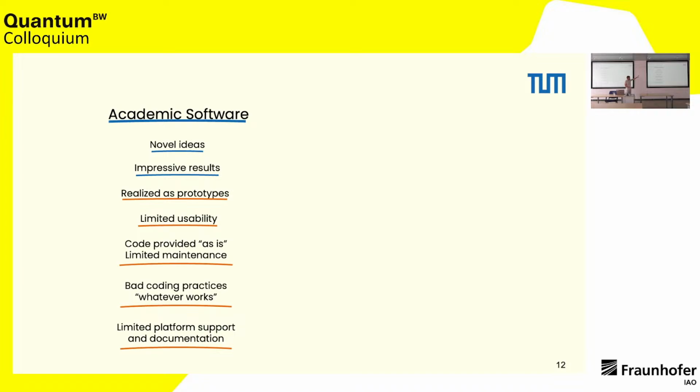The bottom points are not a priority for getting a PhD, but they're very much a priority when you want to create industry-grade software that is actually used in production, that is used to do something actually useful.